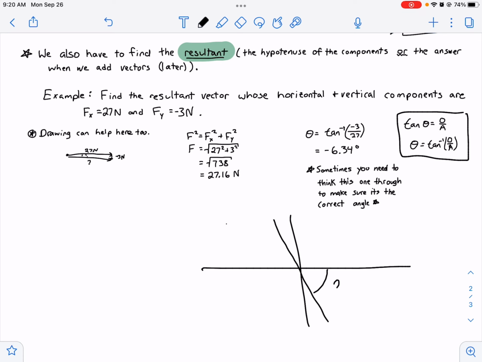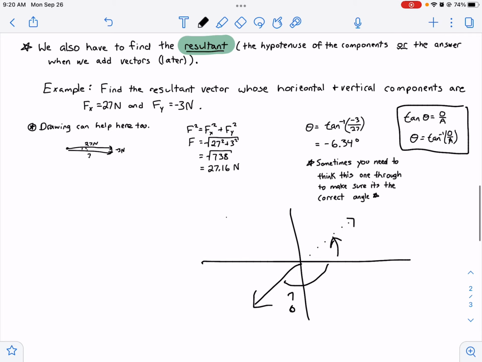Let me give you a better example. Let's say your vector goes like this, and you're looking for this angle. But the angle that it gives you is actually this one. So you may have to think, okay, that's not the angle, because clearly your vector is going the opposite direction, right? So you may have to add 180 degrees or subtract 180 degrees to get the actual angle that your vector is going, okay? So when you get an answer, pay attention to what that number is and make sure that it makes sense, okay? That's all that means.